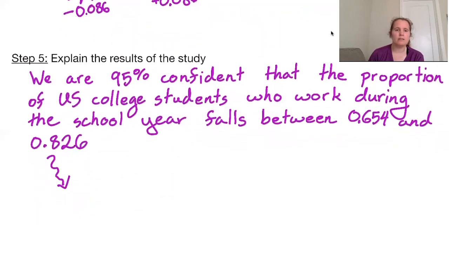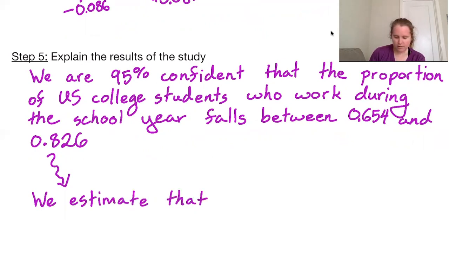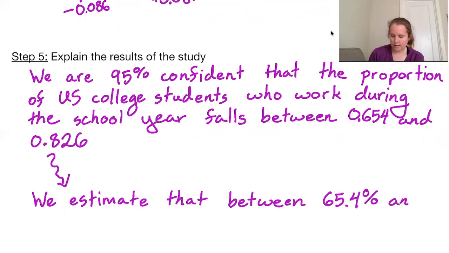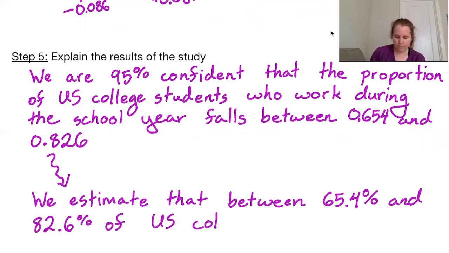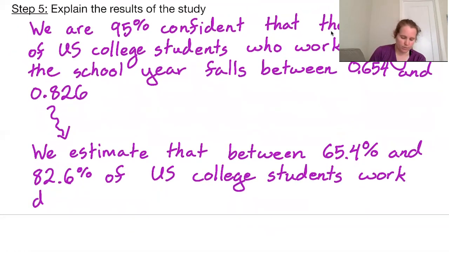If we want to explain this in a way that would make more sense to people that have never studied statistics, we could also say: we estimate that between 65.4% and 82.6% of US college students work during the school year.